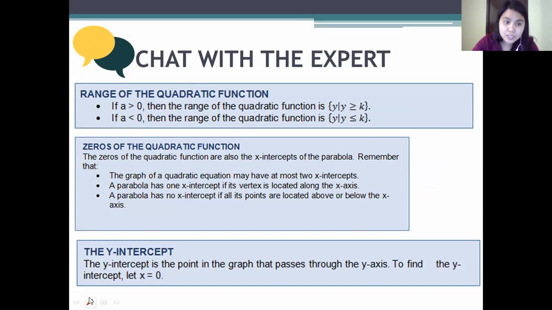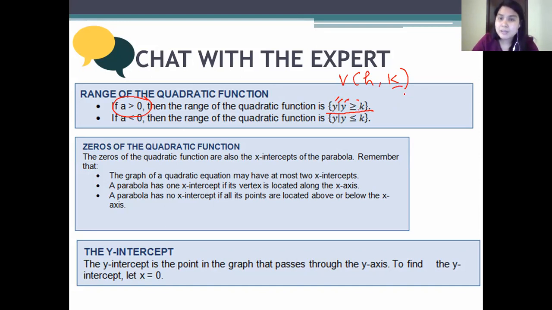The range depends on the value of a. If your a is positive, remember our vertex is h and k, right? Then the range of your quadratic function will be y such that y is greater than or equal to k.